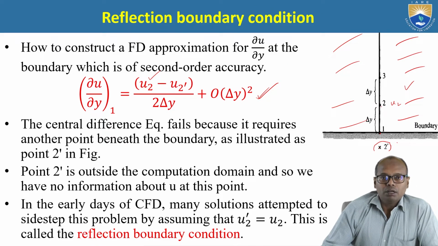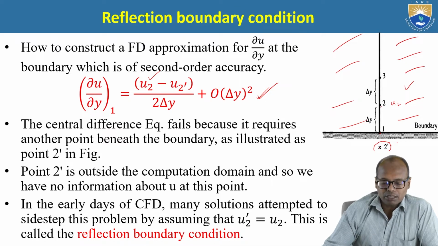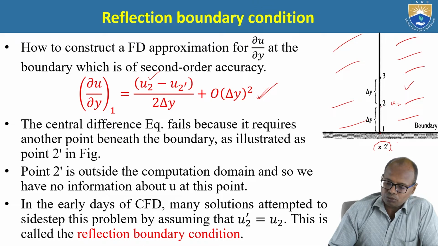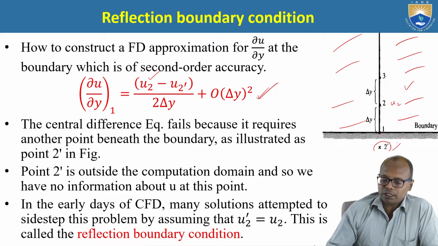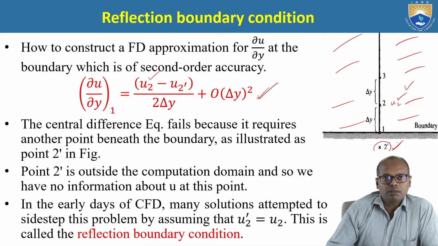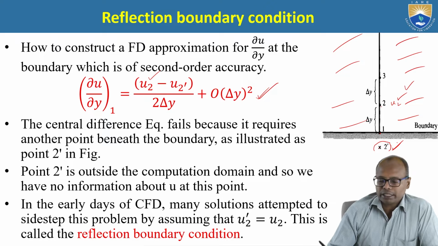In earlier days, when there was no other method for finding the finite difference expressions, they assumed that u2 is equal to u2 dash. They assumed that the value at 2 dash is the same as the value at 2, and solved the finite difference method that way.